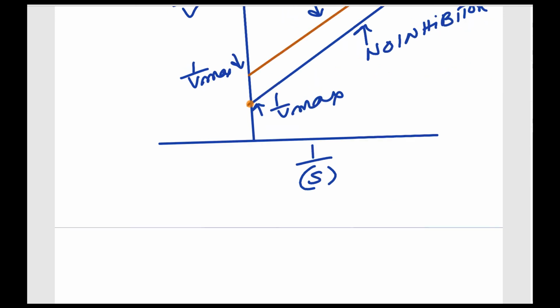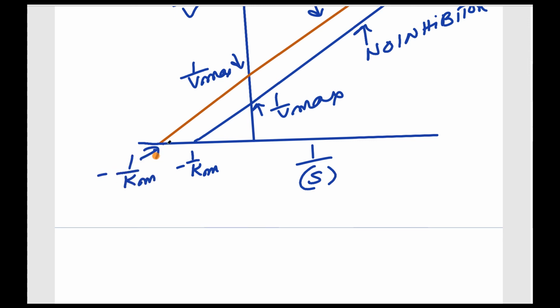Now if you extend it, that is minus 1 by Km. And in the presence of inhibitor, let us extend it; again that is minus 1 by Km.